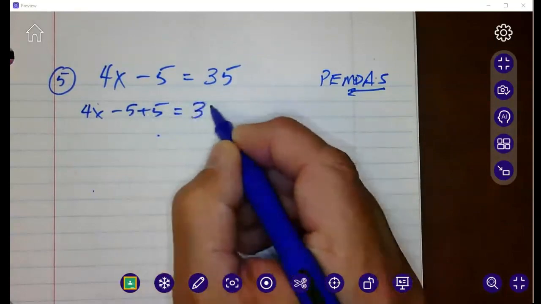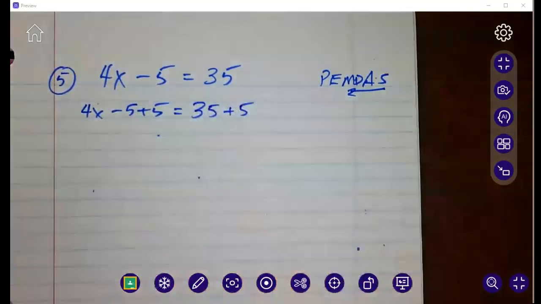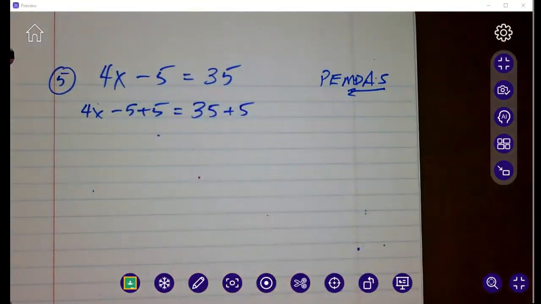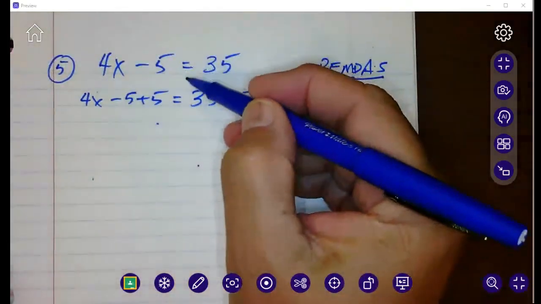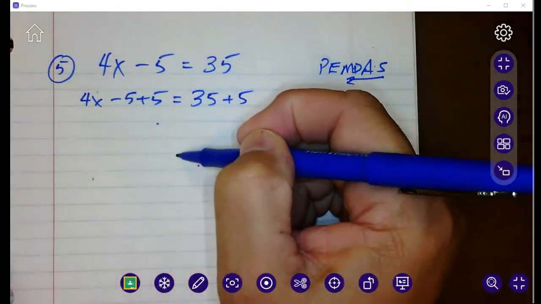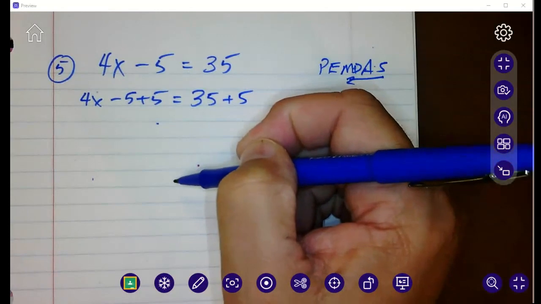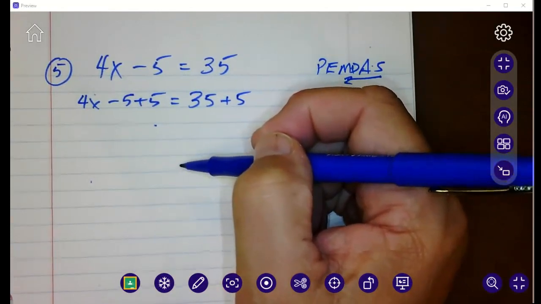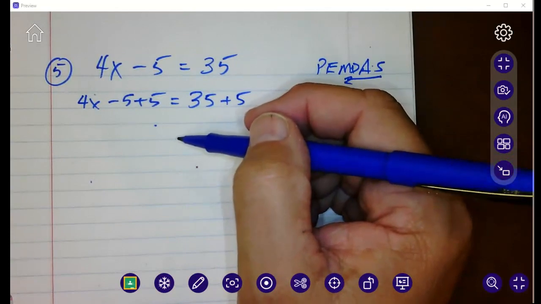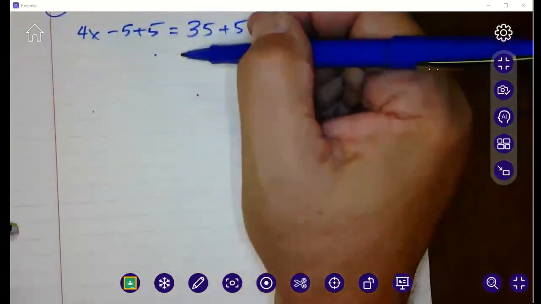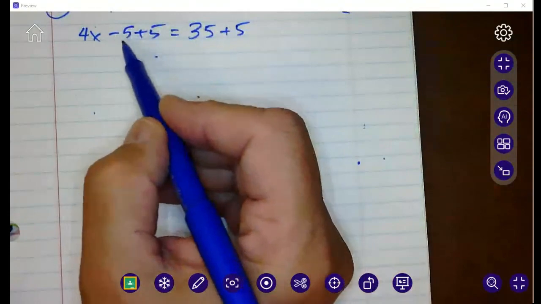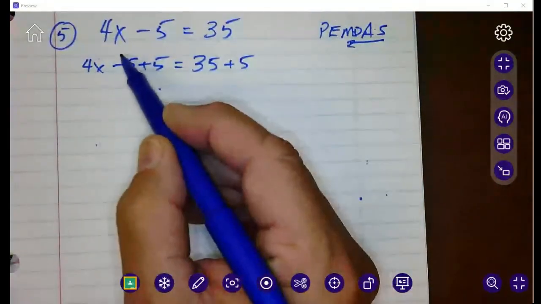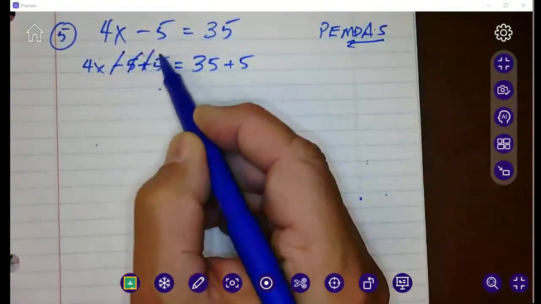If I do that on this side, I must do the exact same thing on the other side. Notice too how I'm trying to keep my equal signs lined up as I move down the paper. That is important. Okay? So, on the left, negative 5 plus 5 adds out.